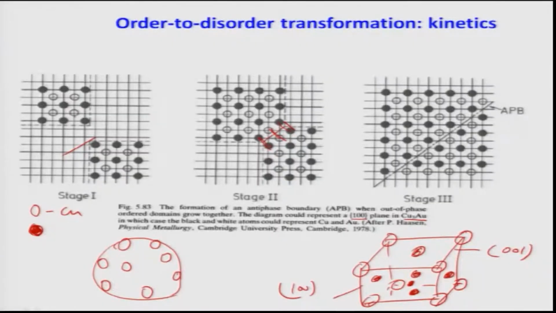Within this domain you have dissimilar bonds, but outside that you can have average bonds. So, once this one grows, the bonding characteristics of the region to which it has grown will also become dissimilar bonds.